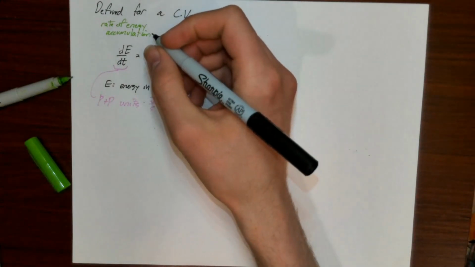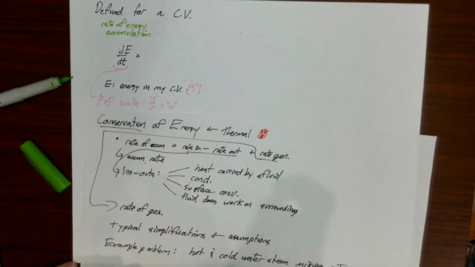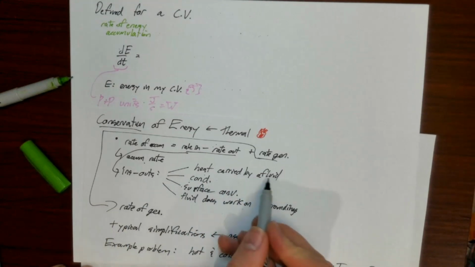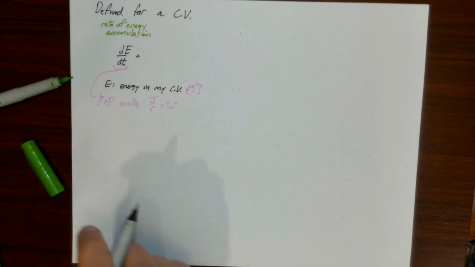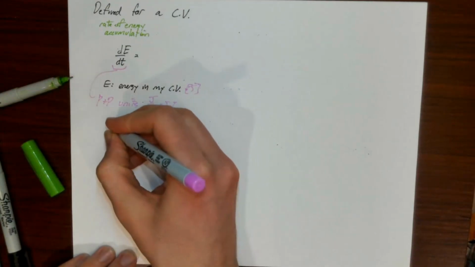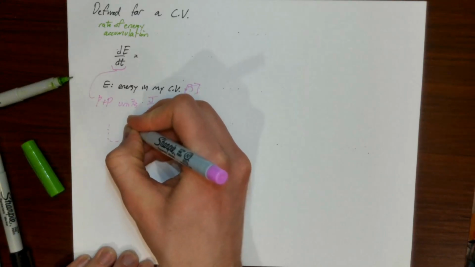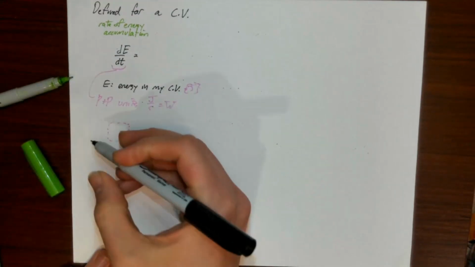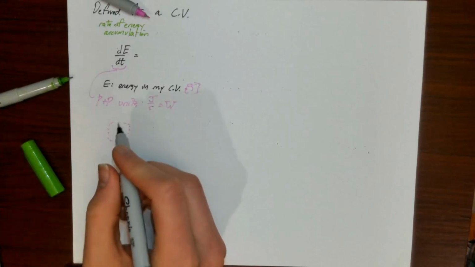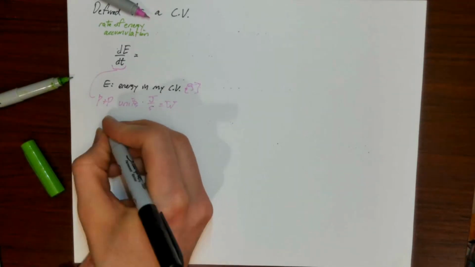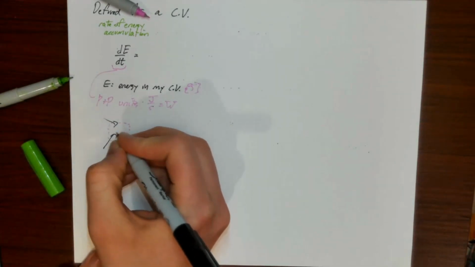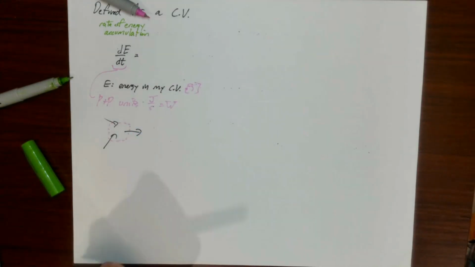In particular, we're going to talk about heat carried by a fluid first. So if I have some control volume, let's think about this control volume right here. Let's say we're approaching the faucet problem that we talked about earlier. I have a hot stream and a cold stream coming in and then some stream coming out.